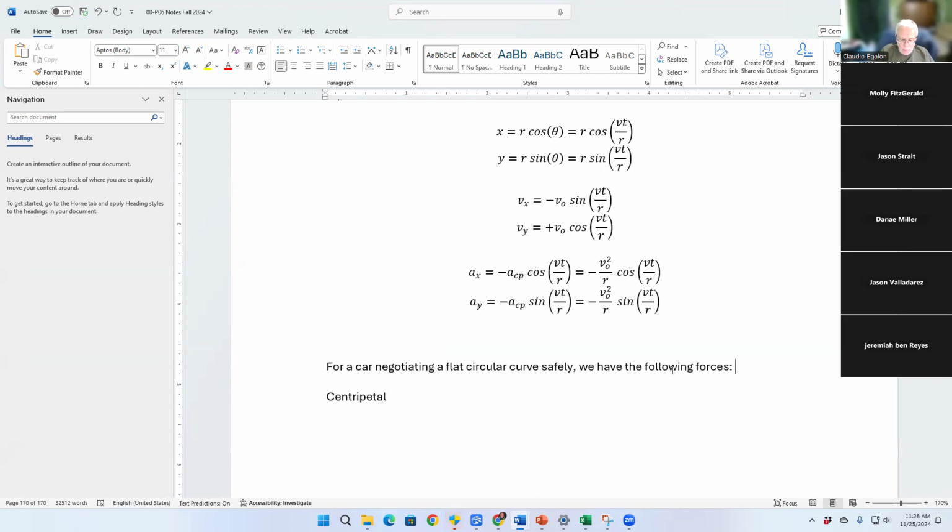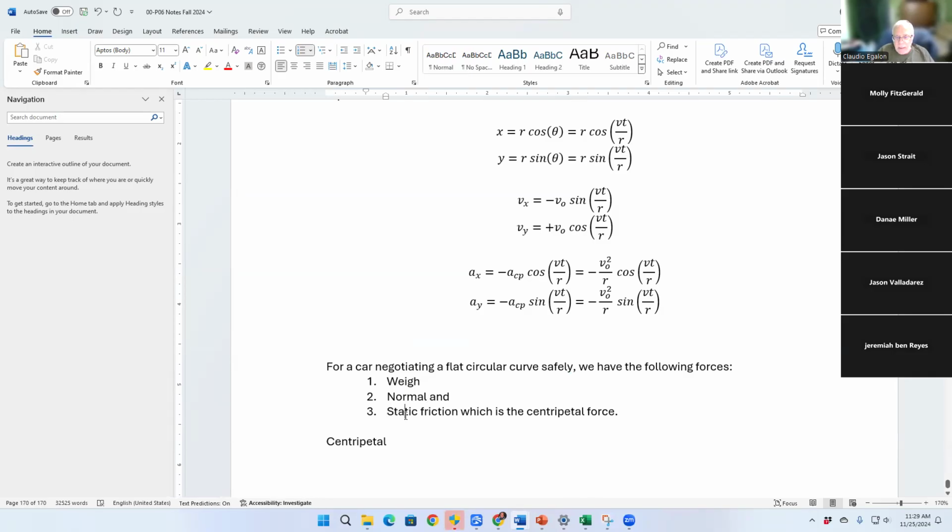forces: weight, normal, oh gosh, my typing is terrible, and static friction, which is the centripetal force. Just a reminder, I'm going to put one by one here: weight, normal, and the final here, static friction, which is the centripetal force.